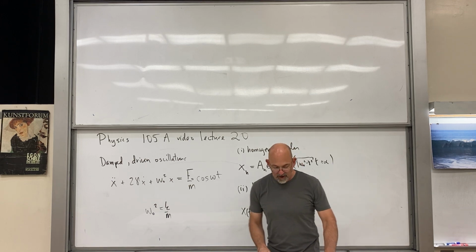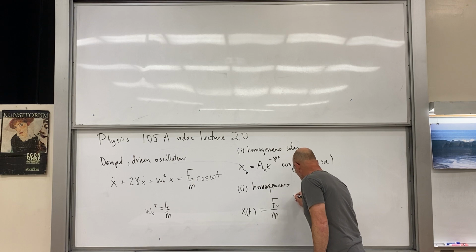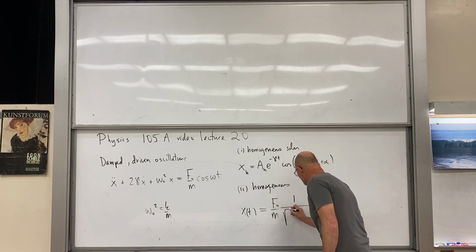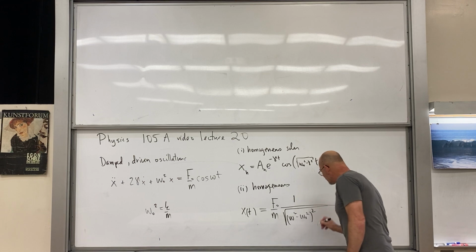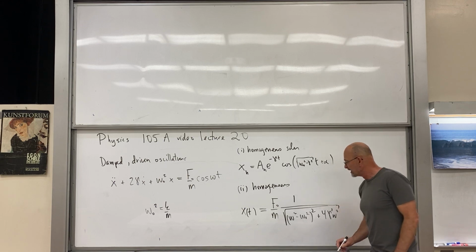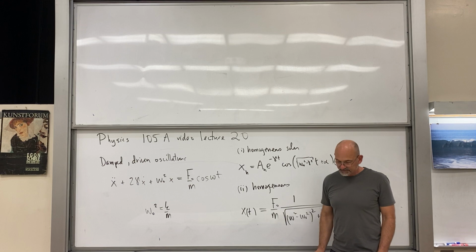So after all that discussion, we had F naught over m. In fact, let's go ahead and write the amplitude in here while we can. We had the square root of omega squared minus omega naught squared, the quantity squared, plus 4 gamma squared omega squared. So this was our amplitude that we spent some time discussing.